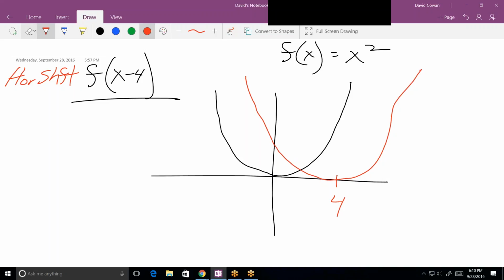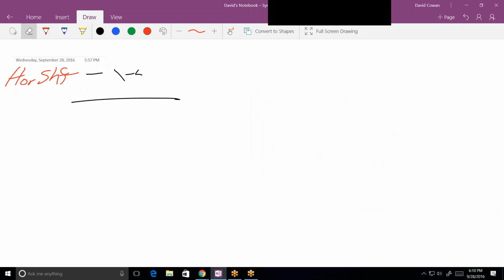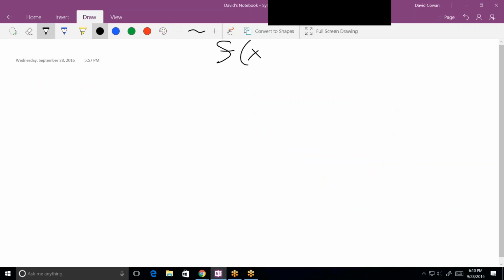Now, let's go over these. It's important to know what each of these means. In fact, let me start from the beginning. We have some function f of x that's not defined.